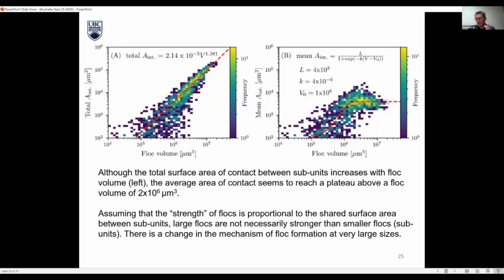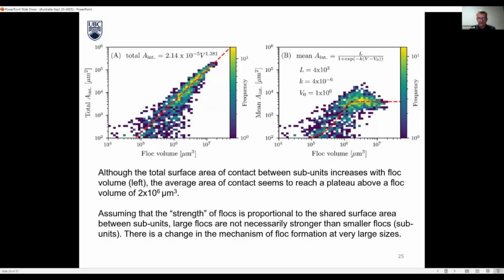There seems to be a maximum average contact area, meaning that even for very large flocks, their strength is not necessarily increasing. With the average contact value being fixed, very large flocks are probably weaker, which is in agreement with what studies typically show, but very large flocks are not necessarily stronger.